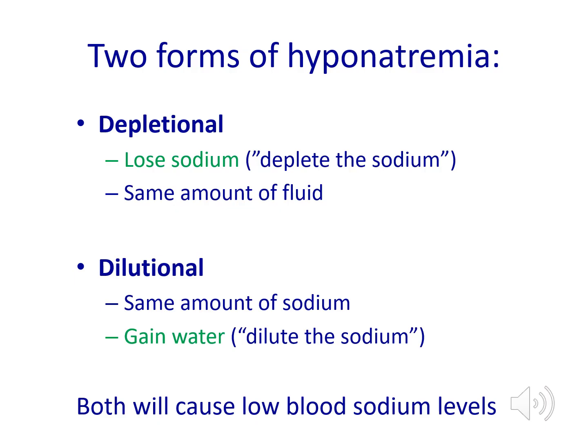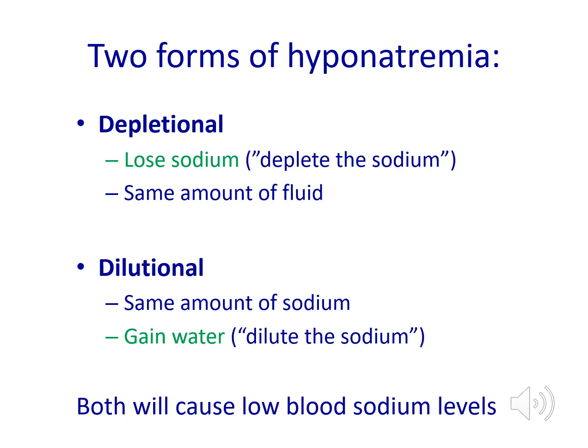Let's first talk about hyponatremia, which is what we call it when there's not as much sodium in the extracellular fluid as there usually is. Hyponatremia is kind of an interesting condition because there are two ways you can get it. You can get it by losing sodium, by depleting the sodium in your extracellular fluid.